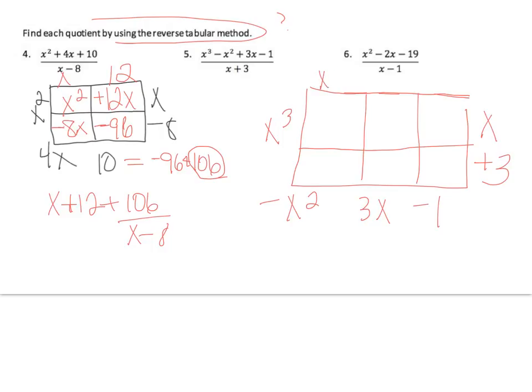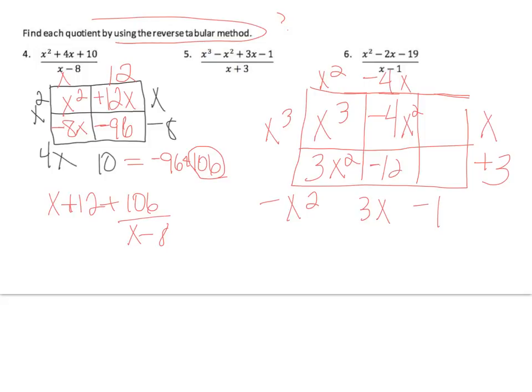Up here I need x squared; multiply through, x cubed, 3x squared. To get negative x squared, I would need a negative 4x squared. Up here, negative 4x, because negative 4x times x is negative 4x squared.